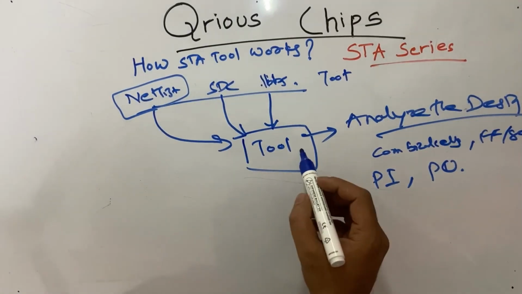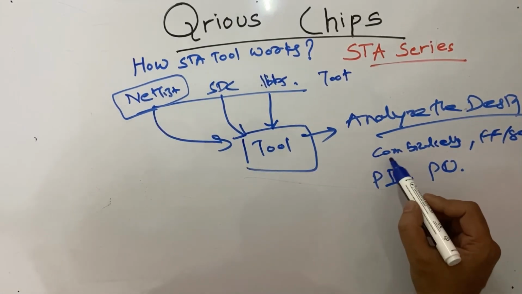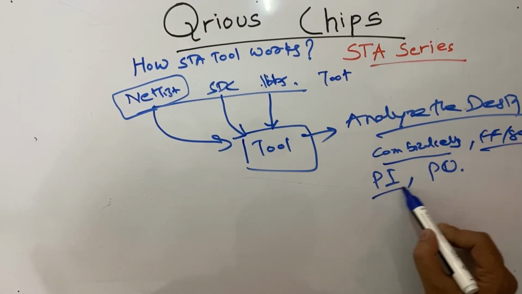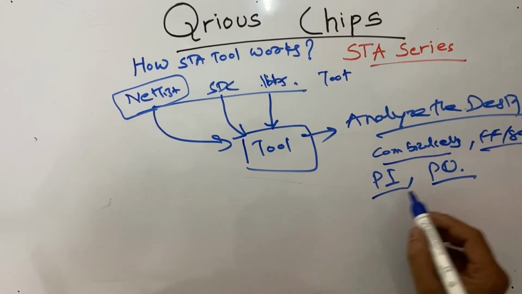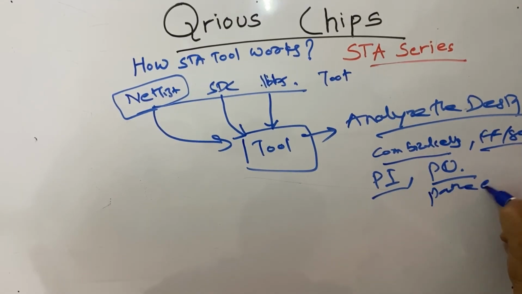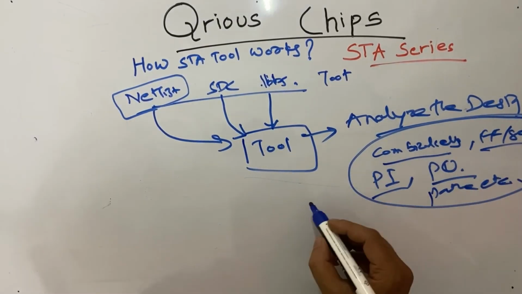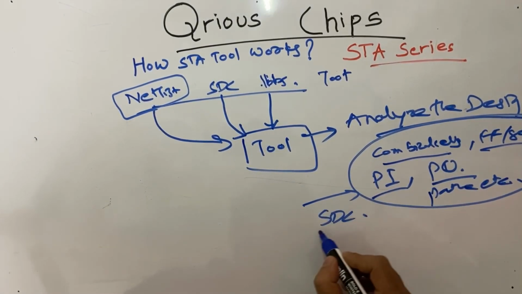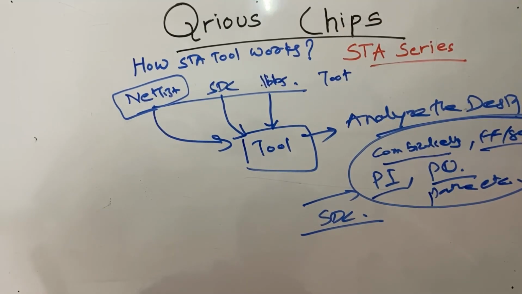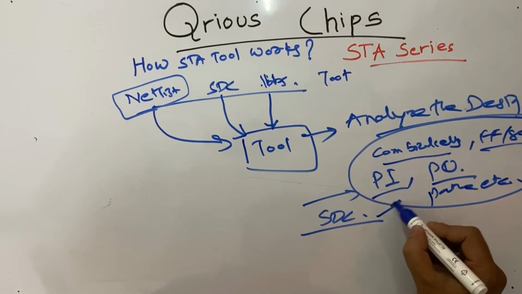Okay. So when the tool understands the netlist, like combinational cells, flip-flops, sequential cells, primary outputs, primary inputs, paths, etc., it applies SDCs, constraints, on these things.